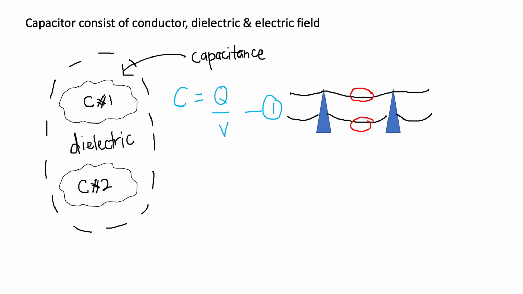Let's say I have my positive Q at my first conductor, and this will be my negative Q at the second conductor. The summation of Q should equal 0. Thus, the magnitude of this Q and this Q is the same.